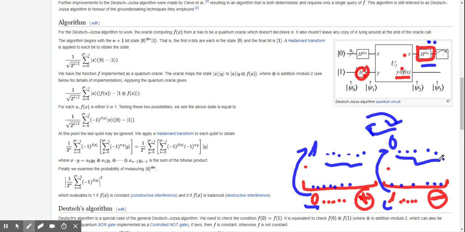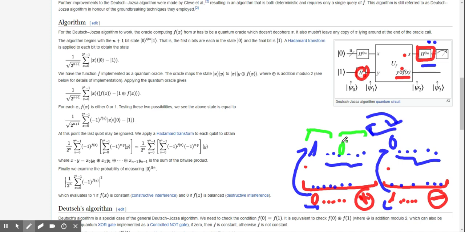In the case the function is balanced, it means for half of this is going to stay the same. So then let's assume, now I'm going to use the green, and let's say for half of my space it's going to be 1, and for half of my space it's going to be 0.